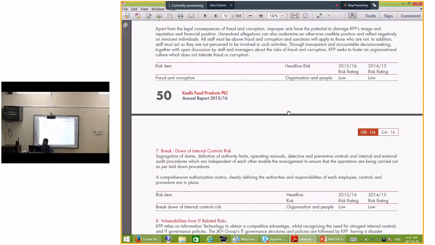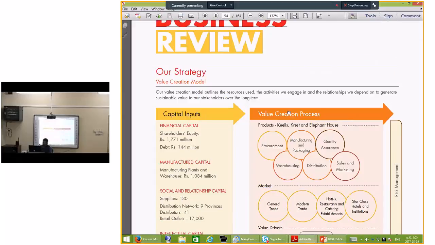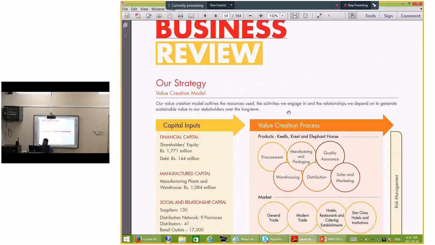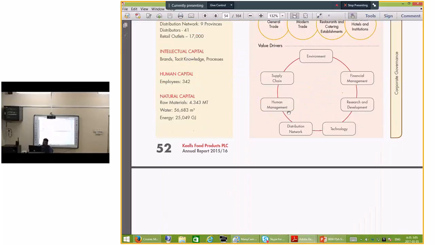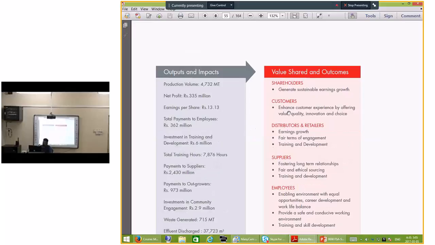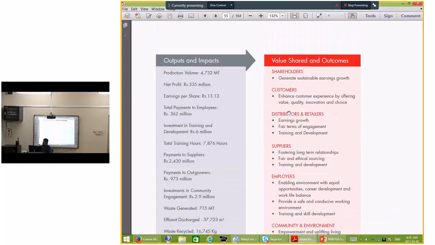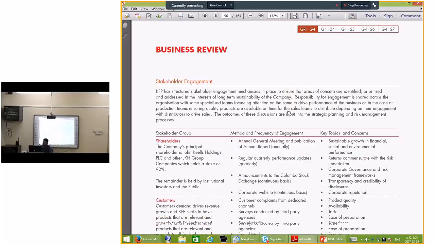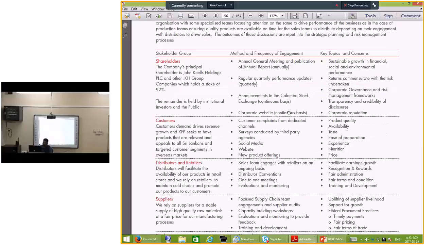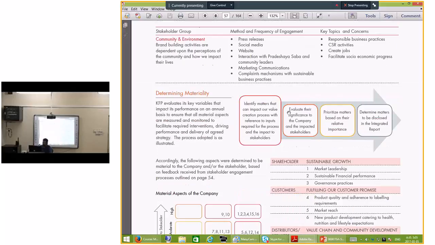Then all are discussed under this annual report, and also they are giving their strategies, value creation model, and then investors are mainly concerned about the value of the business and value creation, and then all are given by this type of annual reports, right?